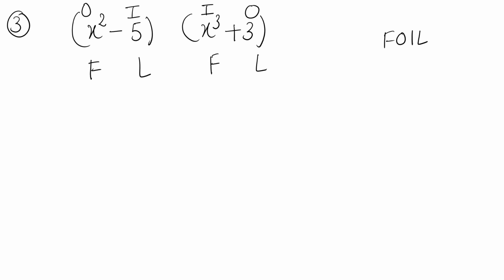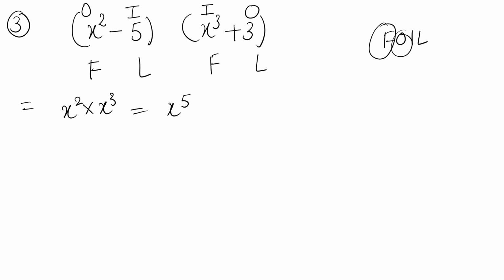First we are going to solve the first terms. x squared multiplied by x cubed will be x to the power 5 because the powers add.